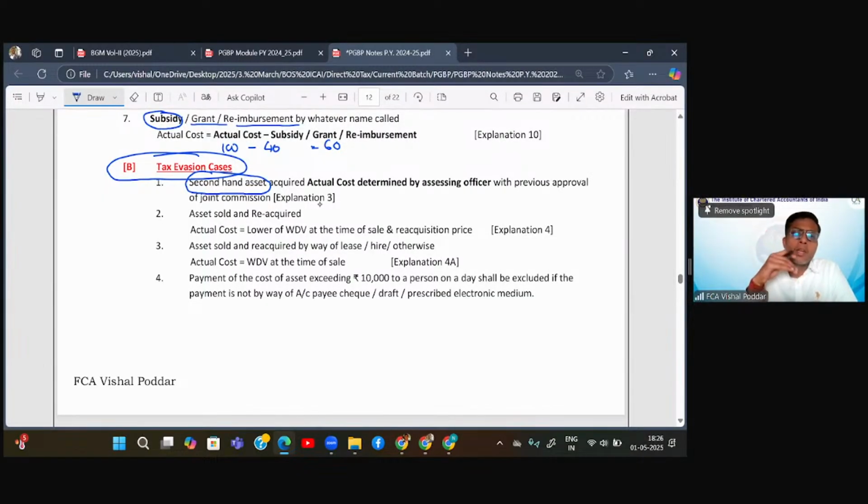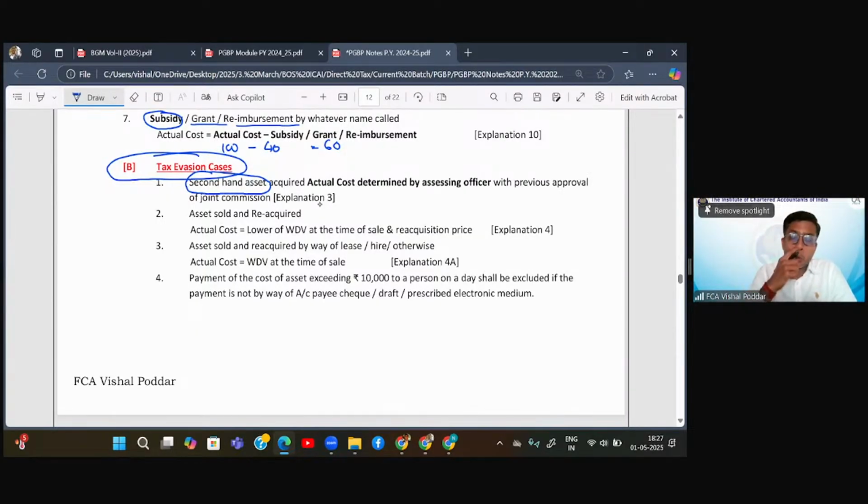Why? See, when I buy a brand new asset, for example a brand new car, everybody knows the real, true price of that car, let us say rupees 25 lakhs. But if I'm buying the same car, which is second hand, which may be 6 months old, 1 year old, nobody can say with surety whether that car will be of 20 lakhs or 15 lakhs.